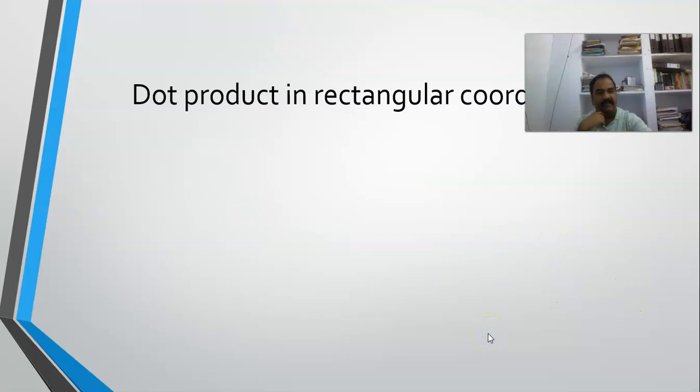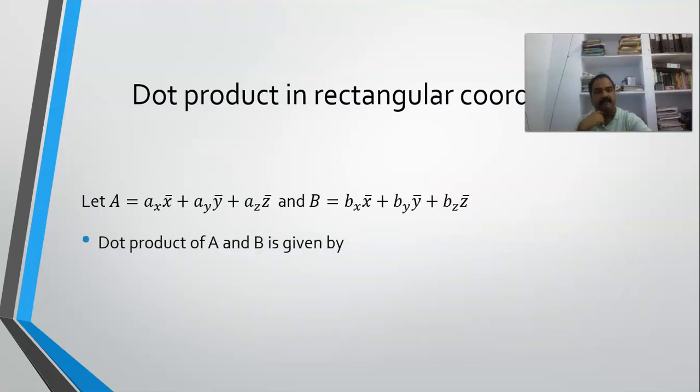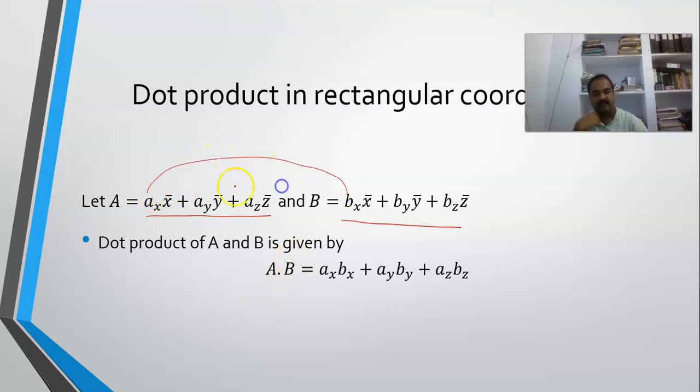Now, in the rectangular coordinate system, how do we determine the dot product? Let us suppose there are two vectors, this is one vector, this is another vector. The dot product of these two vectors, A and B, will be given by the multiplication of like terms: Ax bx plus Ay by plus Az bz. Because the angle between like unit vectors is 0, and cos of 0 is 1.